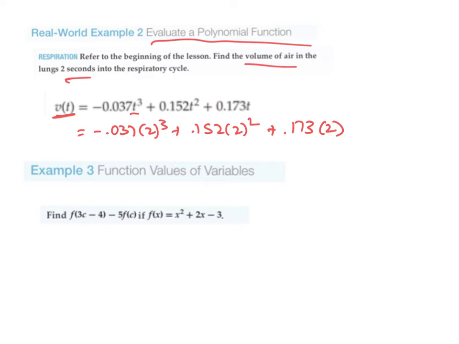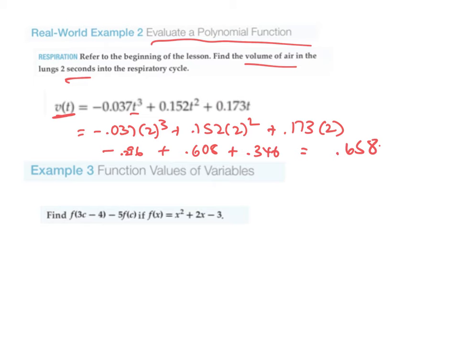If we do the math of that, we will get a negative 0.296 plus 0.608 plus 0.346, and that will end up equaling, let me go ahead and do that math real quick, 0.608 plus 0.346 minus 0.296 equals 0.658.